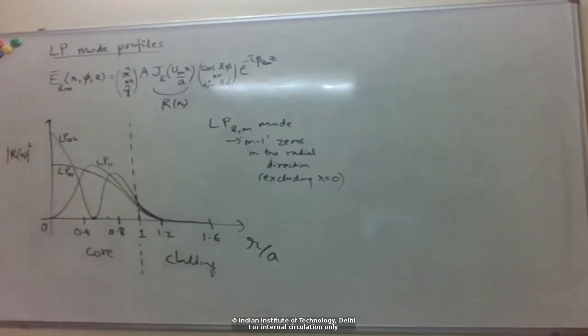So LP11 has a null at the center. The maximum intensity actually occurs slightly away from center. In other words, if you look at the cross section, it will look like a ring with a null in the center.